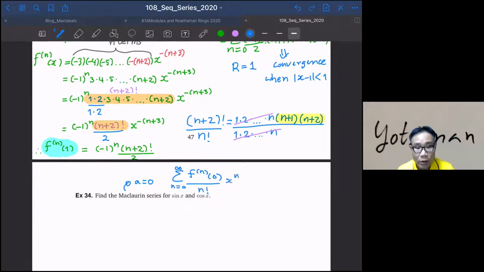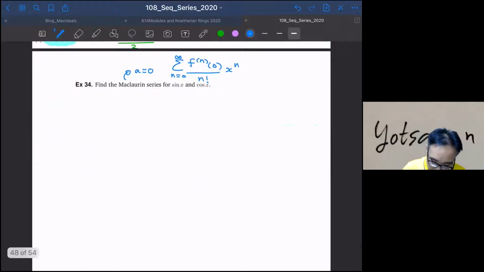So the thing that we need turned out to be the nth derivative at x equal to 0 for sine and cosine. So you have f(x) equal to sine x and g(x) equal to cosine x respectively.